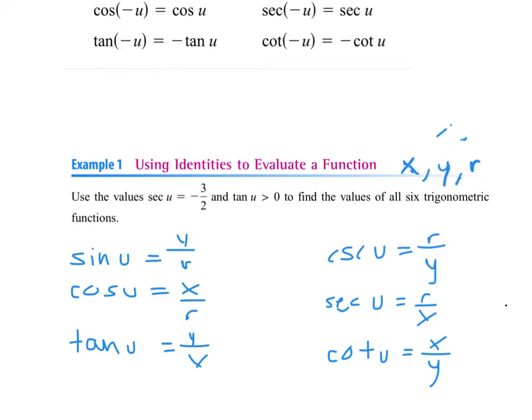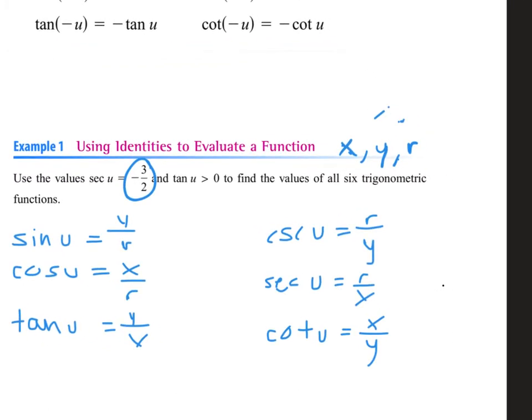Here it gives us that secant is negative 3 over 2. Secant we said was r over x, so that means the top is going to be r and the bottom is going to be x. Which one do you think the negative stays with? Does it stay with the r or does it stay with the x?